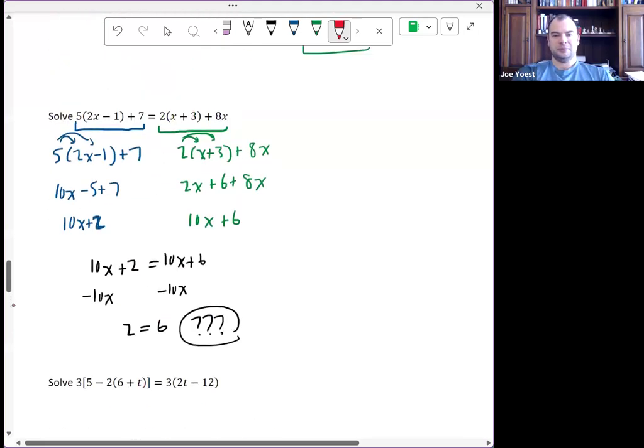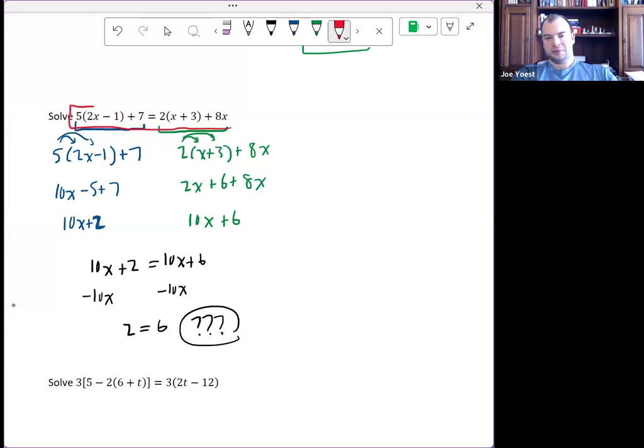What about this one? This looked a lot more complicated to start with, but it boiled down to this equation. I simplified both sides. That wasn't even really an equation solving step. That was just making each of the expressions on either side look a little nicer.